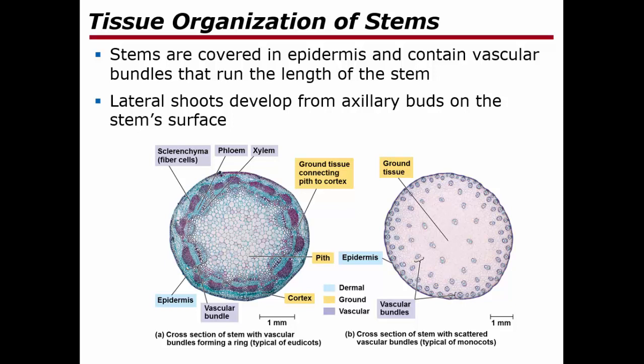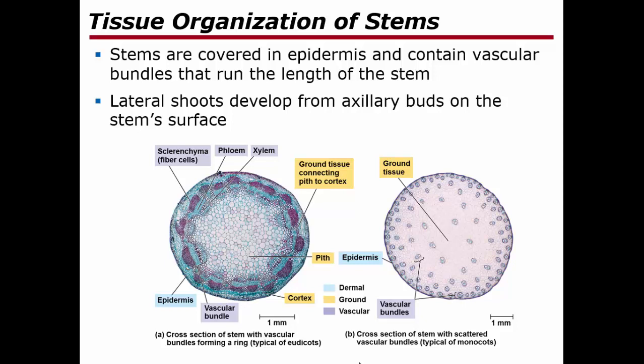These pictures here represent a common pattern that we see in monocots, with the vascular bundles scattered throughout the ground tissue of the stem. And eudicots tend to have larger aggregations of vascular tissue, forming a ring around the outside of the stem.